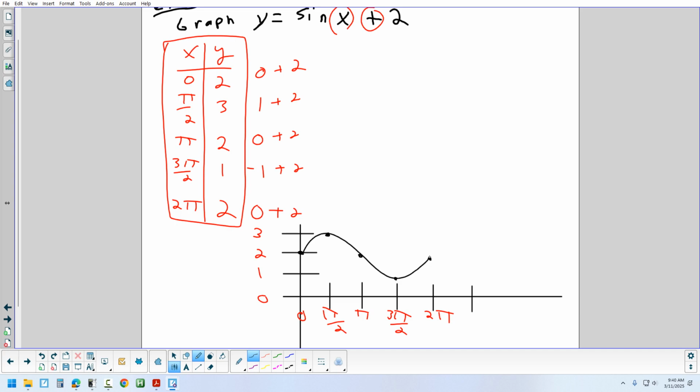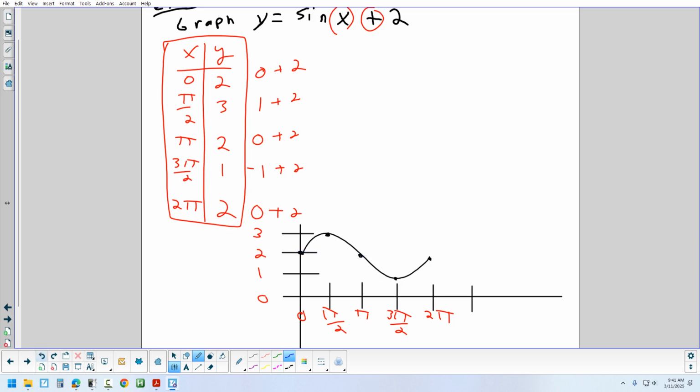Now, let's say I ask you for the amplitude. What's the amplitude of that graph? No. Yep, it's 1. So remember, the amplitude is the distance, like if you draw in this imaginary center line, the distance the wave is off that center line, which is just 1.